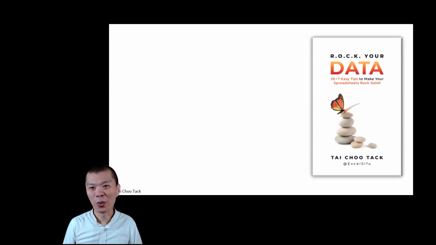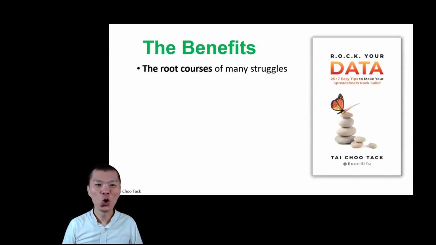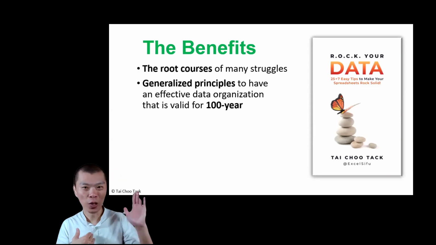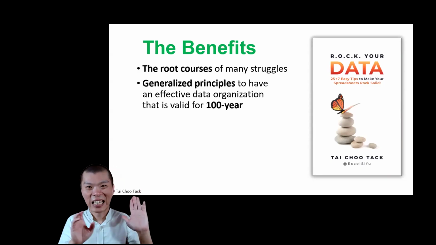After I shared this for a couple of years, I realized that those slides are not enough. So I published my first book called Rock Your Data. It shows the root causes of why many people struggle in Excel, and it uses generalized principles. What does that mean? It shows the expected end result, but it doesn't show us how.